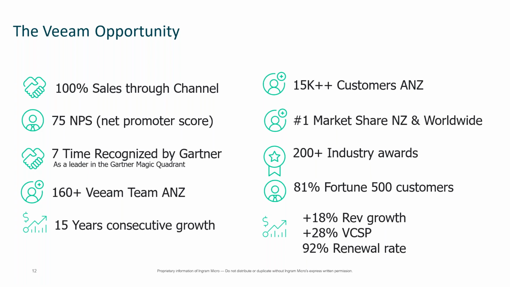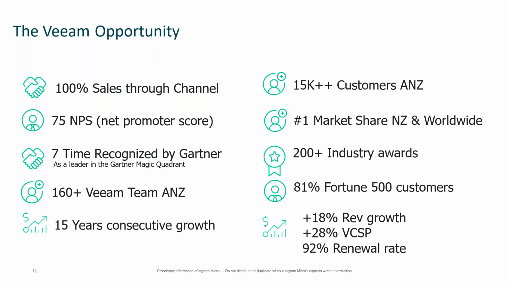In ANZ as well, we have about 160 plus team members, a strong team representing every region, which includes a customer support team in Australia and New Zealand, and has continuously been showing growth over the past 15 years. We have about 15 plus K customers across ANZ as well.